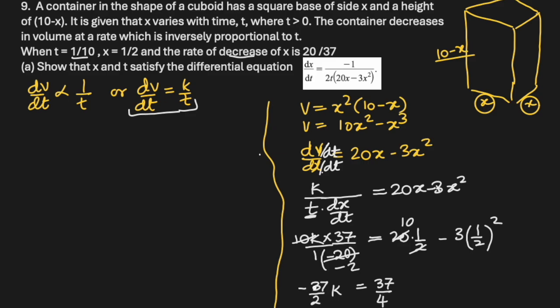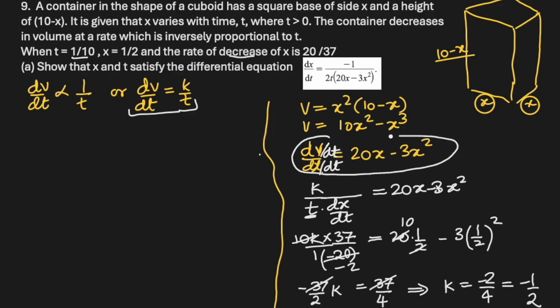So now 37 on both sides, multiplying, so they can cancel out here. So this gives us k is equal to, 2 goes there with negative, so minus half, k is minus half. So that was our equation, right? This one.